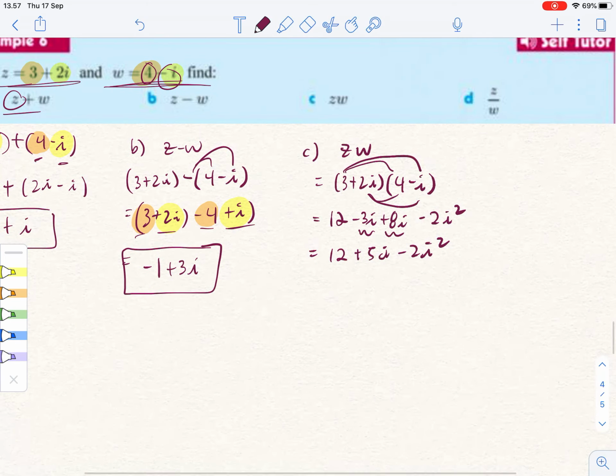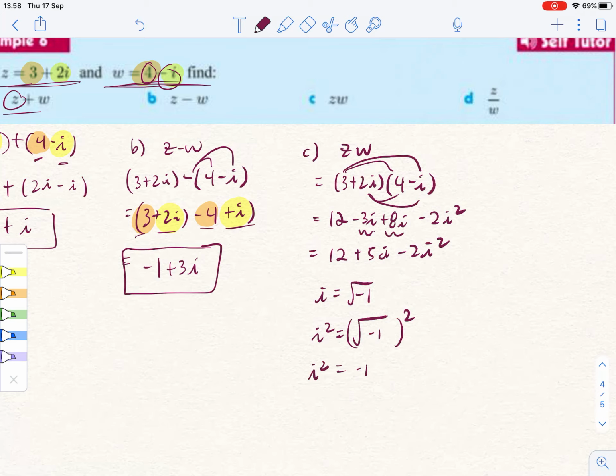Now, we're going to pause here for a second because if i is equal to the square root of -1, then i squared is equal to, well, what's the square root of -1 squared? -1. So if i squared is equal to -1, then up here, I can take -1 and plug it in there.